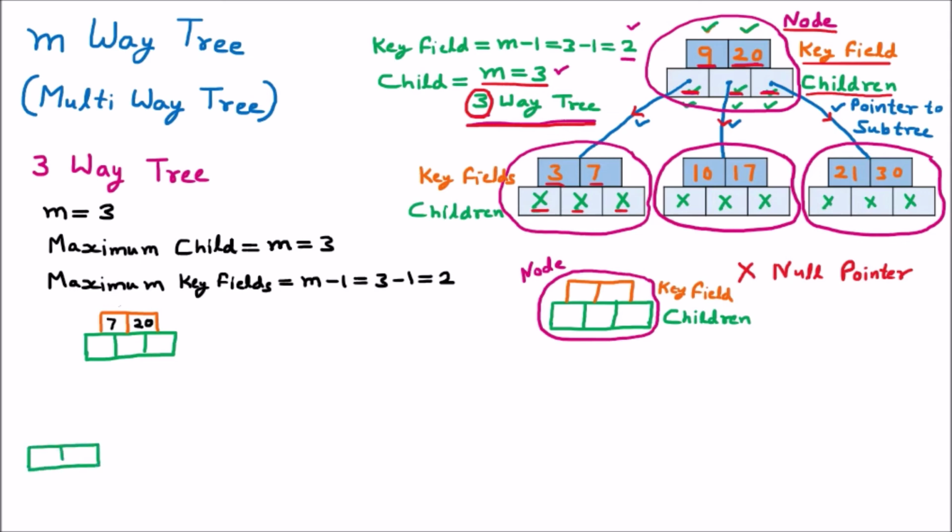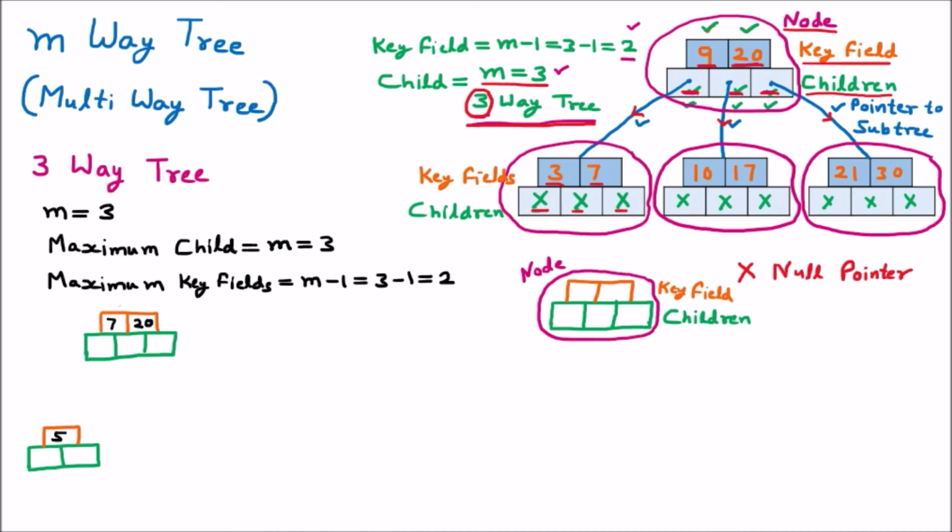So that means 2 blocks are there. So now 2 children are there, that means 2 minus 1, that means 1 key field is there. In the key field I am, let us suppose, putting 5. Now this thing is very interesting. Three-way tree may have 3 children as well as 2 children.